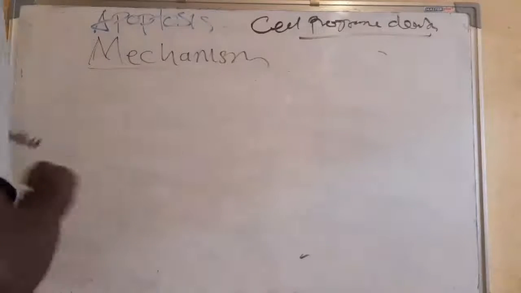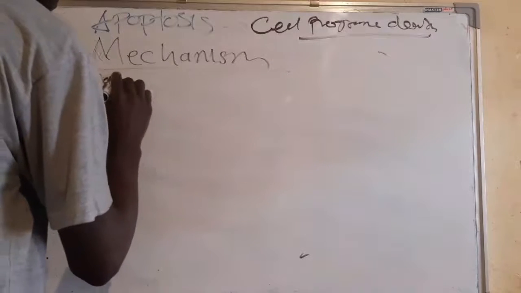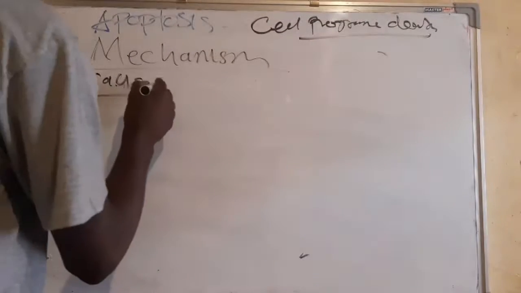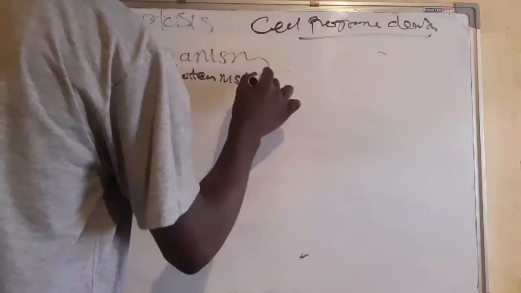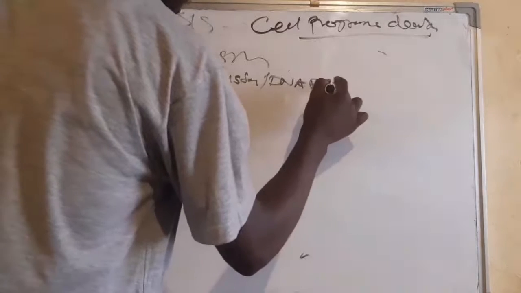Okay, so let's get the cause. In the mechanism, there is a cause. You can get any of the causes that we talked about. So let's just say there is protein misfolding or DNA damage as a cause.